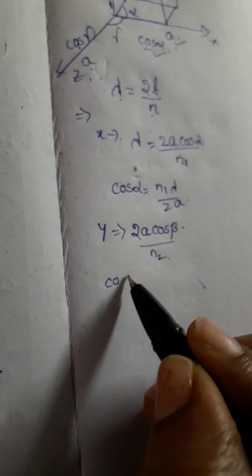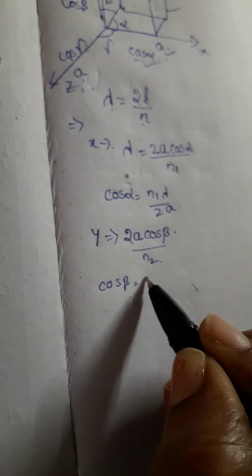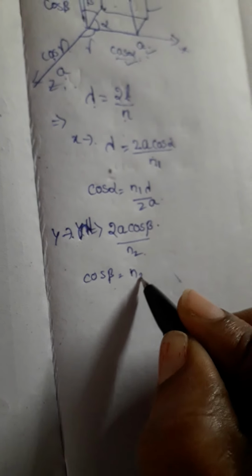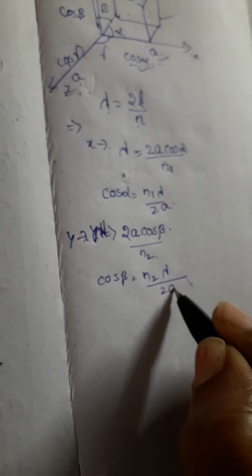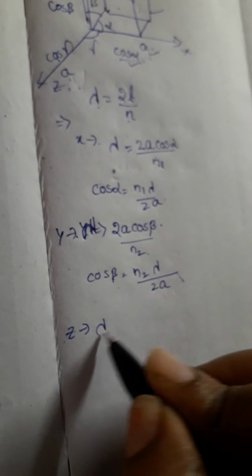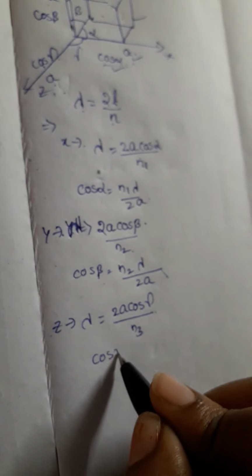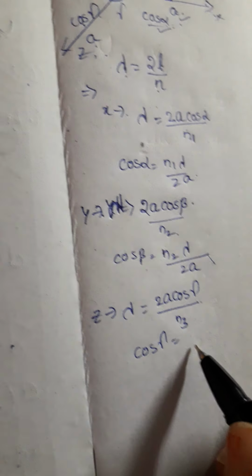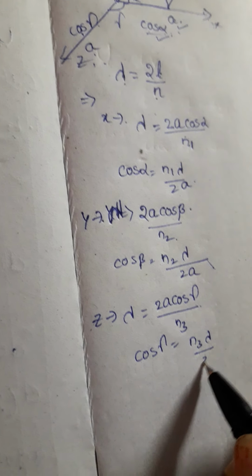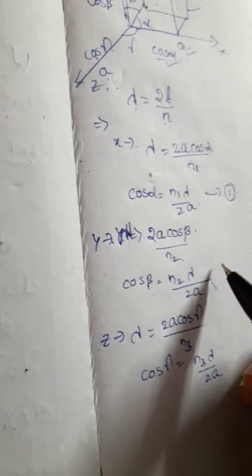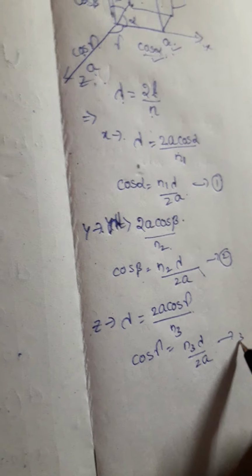By using this, cos beta equals n2 lambda by 2a. Along the z-axis the wavelength lambda equals 2a cos gamma by n3. Then cos gamma equals n3 lambda by 2a. Is this clear? Given equations 1, 2 as well as 3.